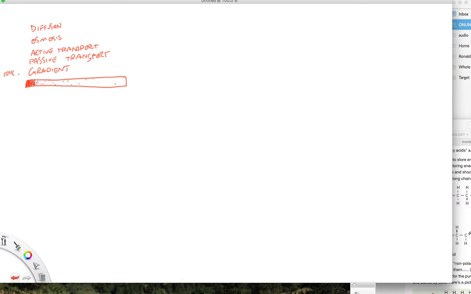There is an area where, I'm just drawing lots of dots here. There's an area where these dots are very packed together, that's over here. And there's also an area where they're spread out. So there is a gradient along this container here, a concentration gradient. You know, there's a higher concentration here and a lower concentration here, and it's kind of smoothly distributed.